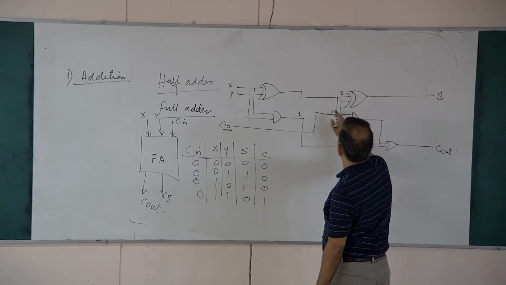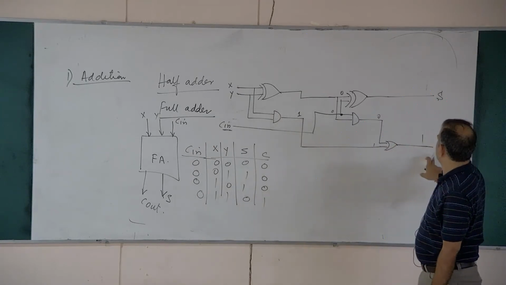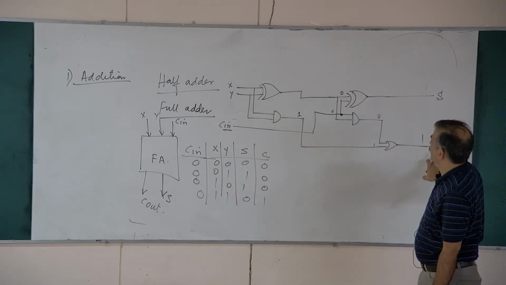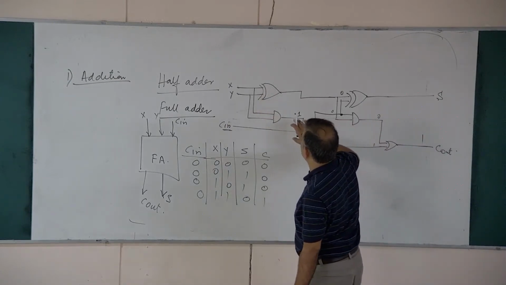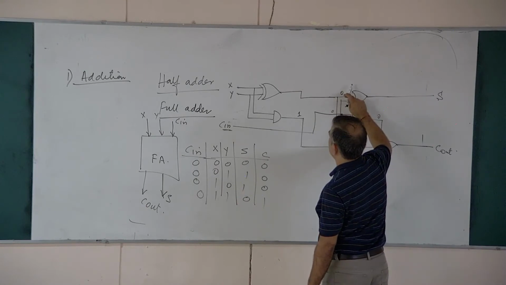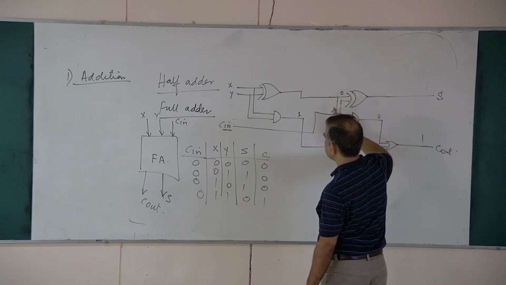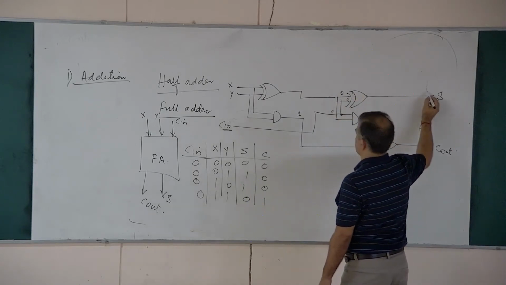So here I am getting 0, 0 0 is 0, 0 and 1 is 1. So I am getting carry output as 1, and I am getting sum here: 1 1 is 0. Now here this one is 0. What about this? This I am getting the 0, 0 0 is 0.